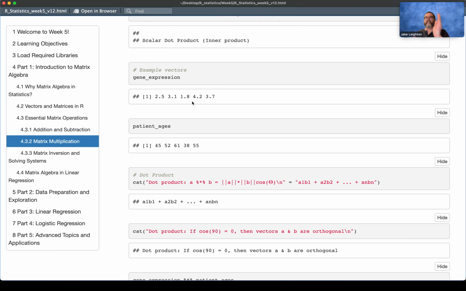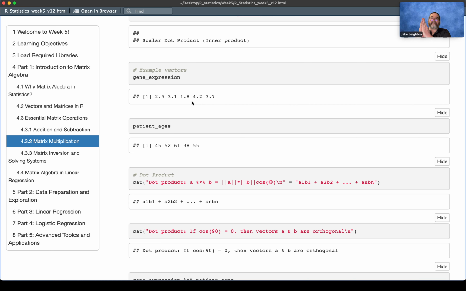They can be in the same direction, they can be 180 degrees apart, they can be 90 degrees apart, or they can be in the same direction completely.